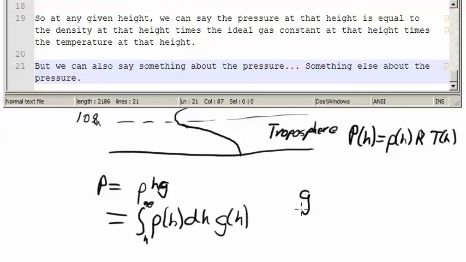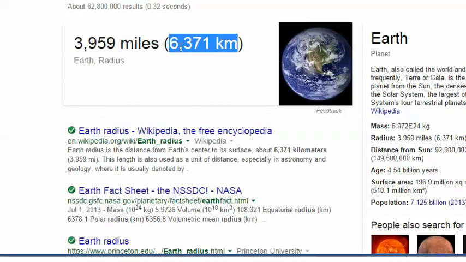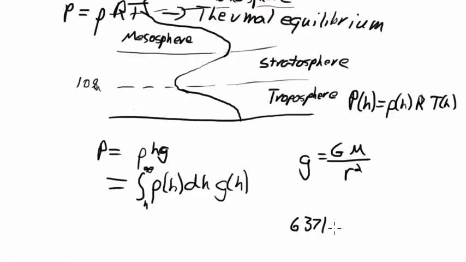The gravitational field is going to be GM over r squared. So I'll take the radius of the Earth being 6,371 kilometers, and if you add 10 kilometers, or up to maybe 100 kilometers for the top of the mesosphere and ionosphere, you'll get to 6,471. Let's compare the squares of those numbers.